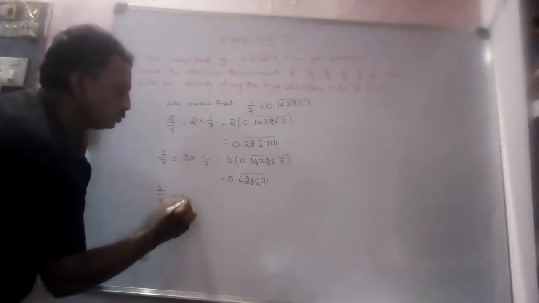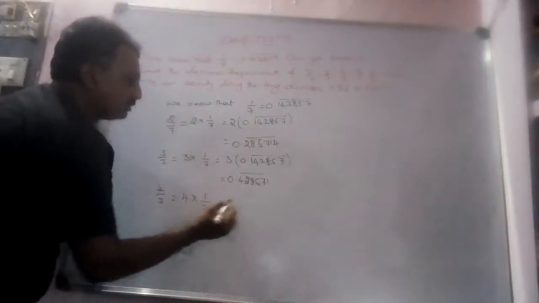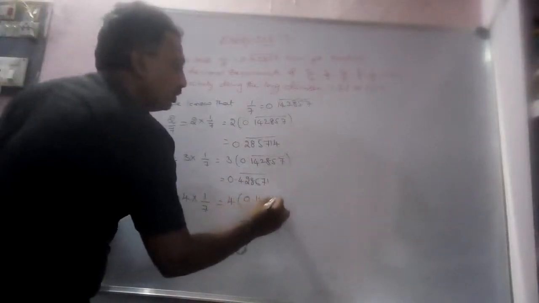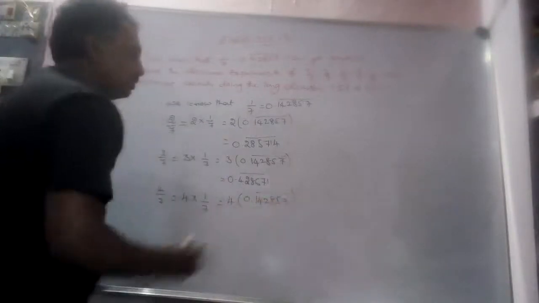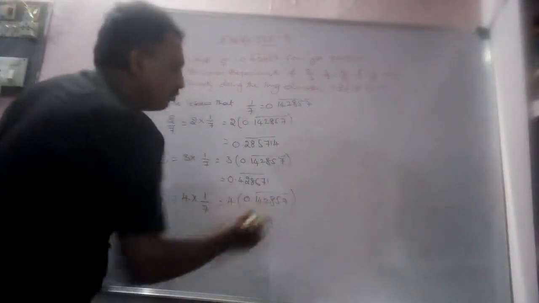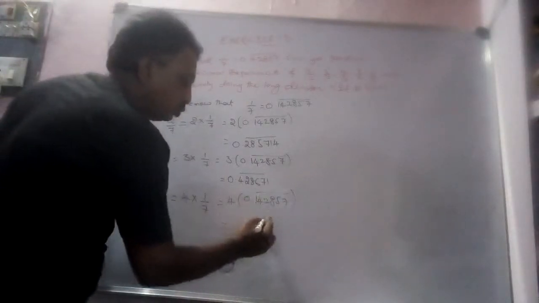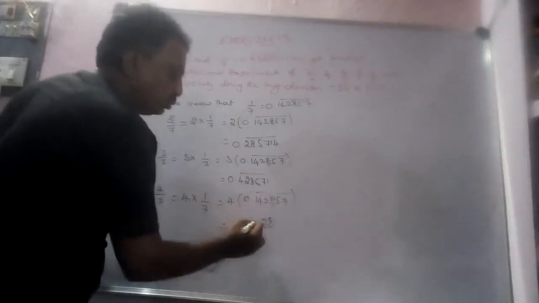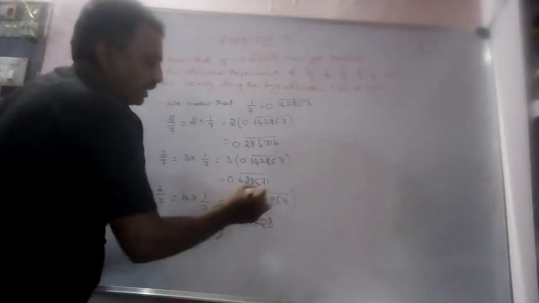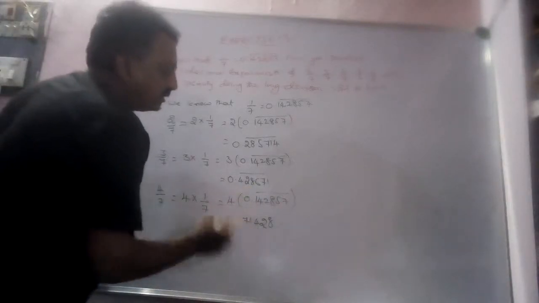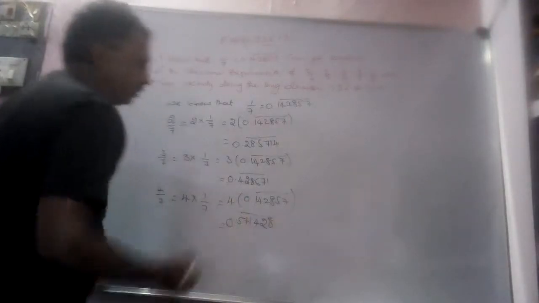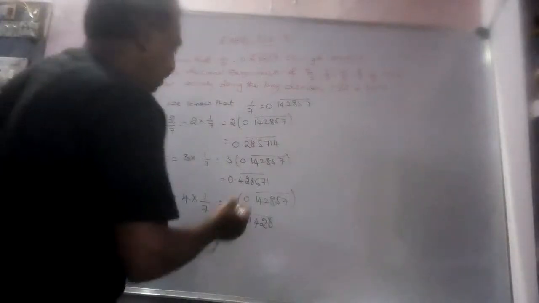Same for 4 by 7: 4 by 7 equals 4 into 1 by 7, that is 4 into 0.142857 bar. 4 sevens are 28, 4 fives are 20, plus 2 is 22, 4 eights are 32, 34, 4 twos are 8, 11, 4 fours are 16, 17, 4 ones are 4, 5. So 4 by 7 is 0.571428 bar.